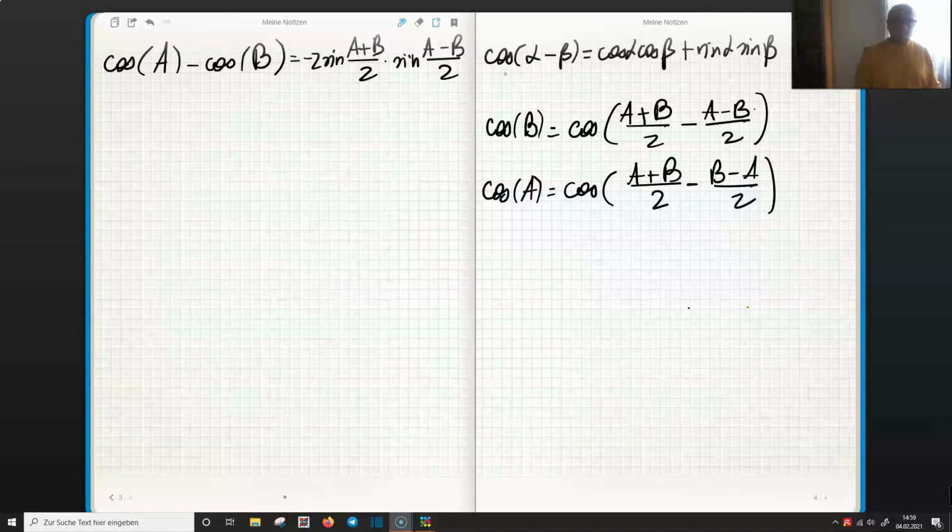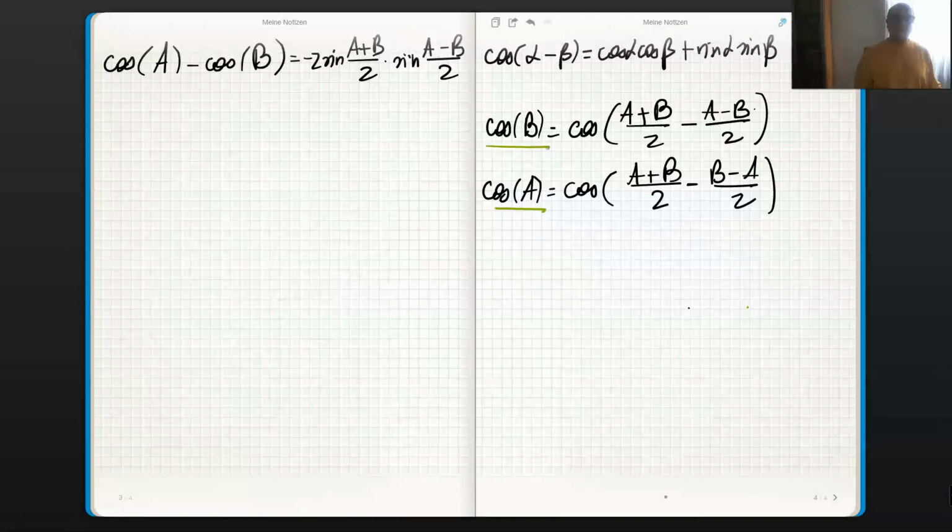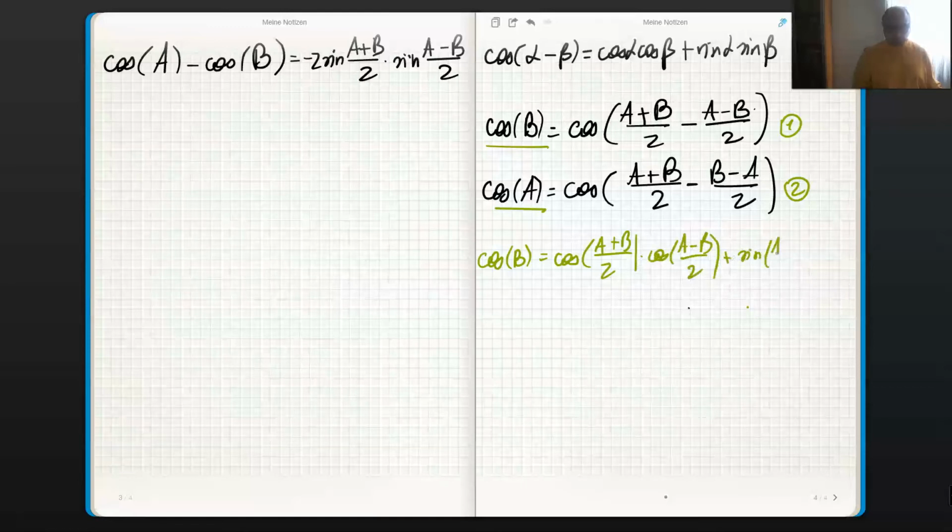We have cosine of A and cosine of B, so we subtract them, but we firstly expand them. So once again, I'm showing this is the first, this is the second. Cosine of A minus B is the cosine of the first times the cosine of the second. I have a minus, so it's plus sine of the first, sine of the second.